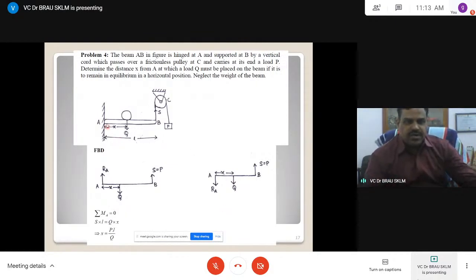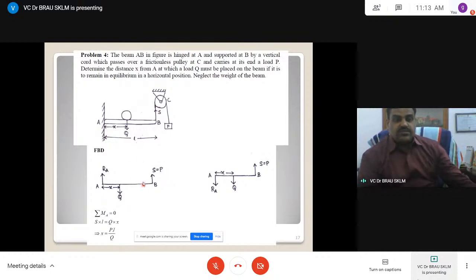Now draw the free body diagram of this separately and this separately. Let us say Q acts downwards, RA is only vertical because there is no horizontal, and S. Once S is equal to P, they will give the length in terms of length.